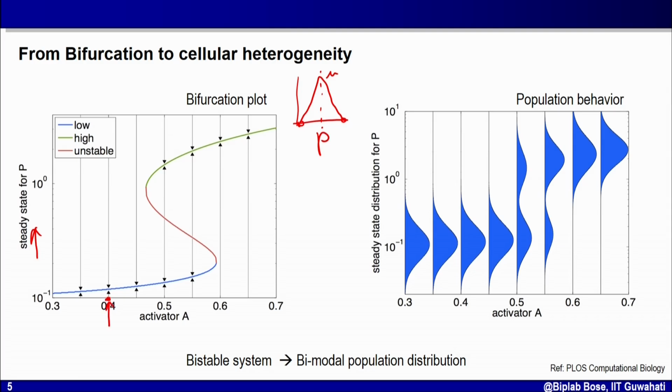Then the steady state value of P on average will be this one, because there is only one possible steady state. Now as I said, in a population of cells, all cells will not have the same amount of protein, but rather I will have a distribution. So I can consider the steady state value shown in the bifurcation plot as the mean value, and the amount of protein in the population will be distributed around this. So I can draw a histogram like this. That's what is drawn here.